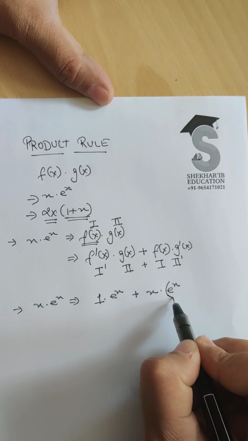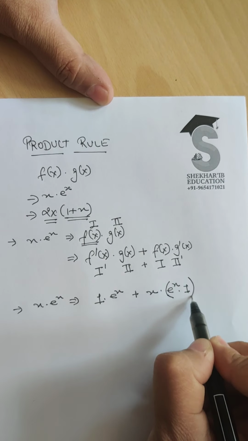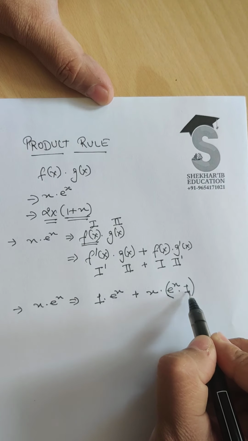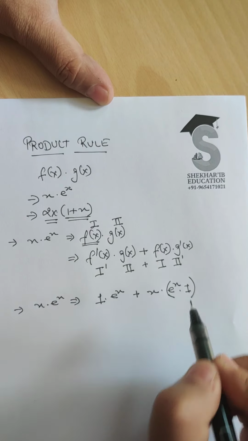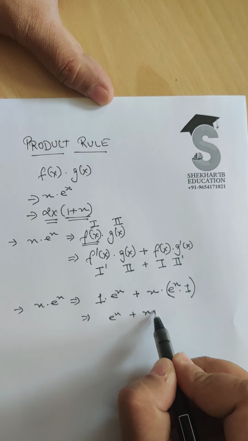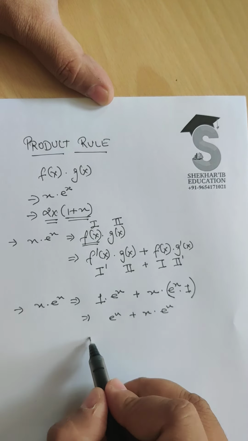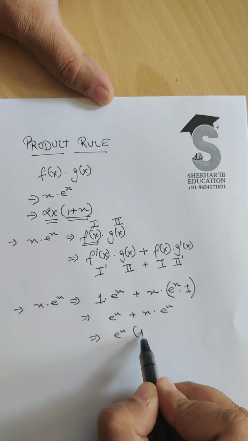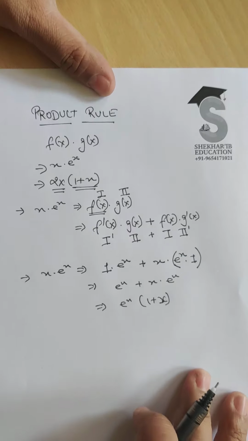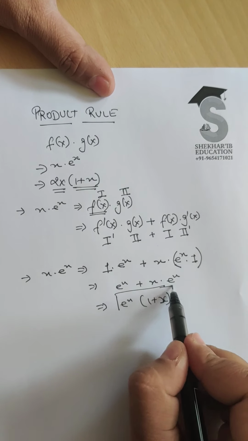E to the power x will be e to the power x times 1. Why? Because we will differentiate x also. So the differentiation of x will give you 1. So we will get e to the power x plus x times e to the power x, which is e to the power x times (1 plus x). This is our final solution.